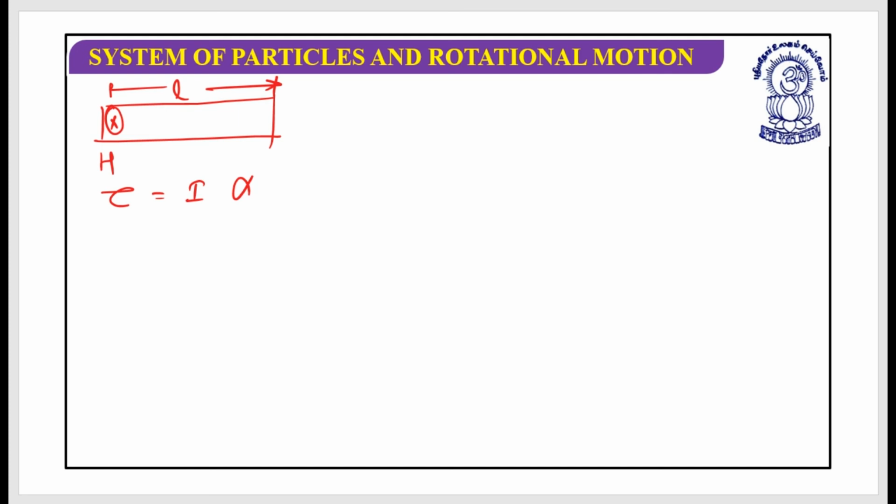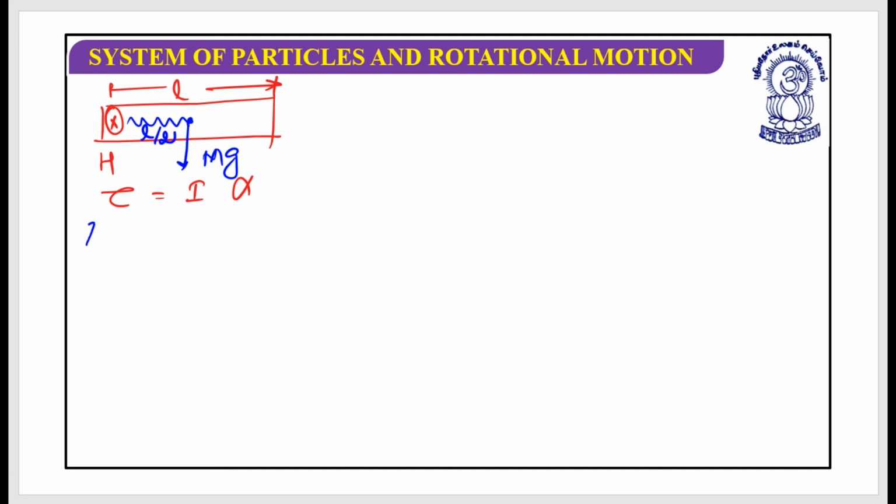That is the biggest question. It has mass m, so it must have a weight mg, and since it's a uniform rod, the center of mass is at the midpoint, so the force acts at L by 2.